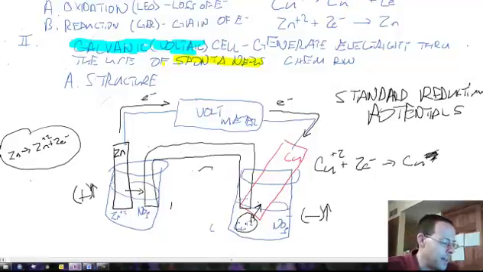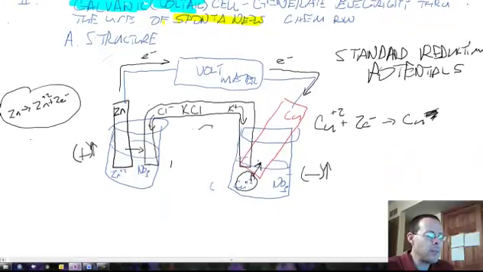It might have something in it such as potassium chloride in this particular one. Because our left side is building up positive charge, we're going to have chloride ions flowing towards this side. And on the other side, because it's a buildup of negative ions, we're going to have potassium ions flowing this direction.